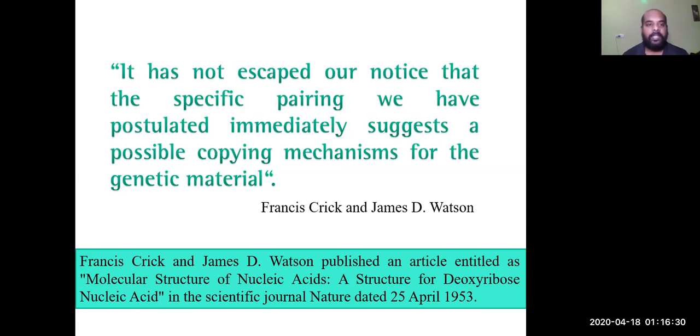The last two lines were: it has not escaped our notice that the specific pairing we have postulated immediately suggests a possible copying mechanism for the genetic material. In 1953 itself, they had given some clue about the mechanism of DNA replication, but it was not very clear.